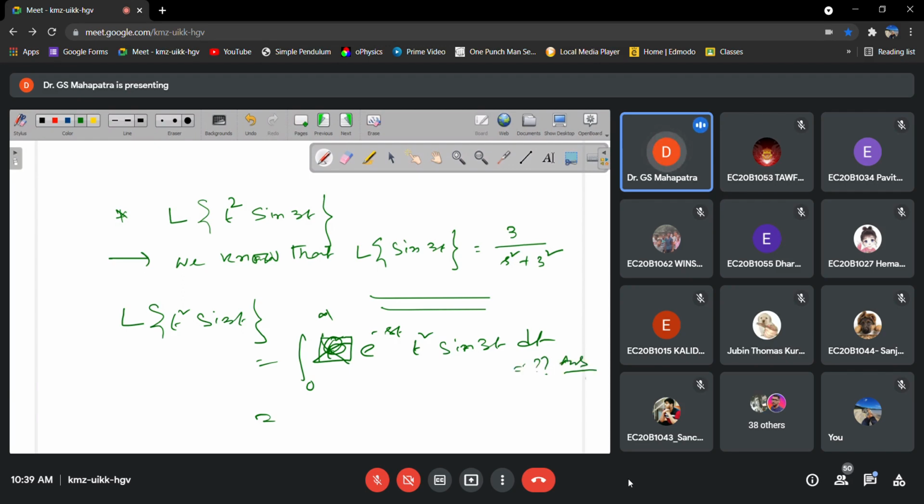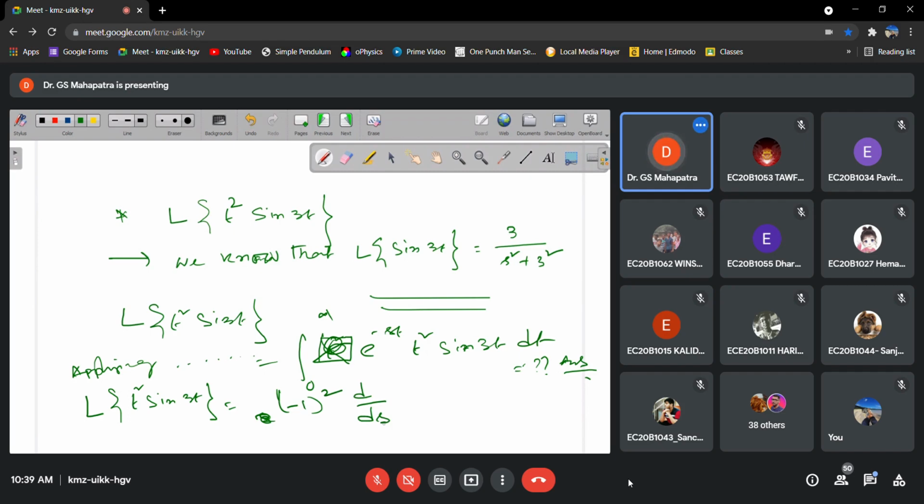Correct. If you don't want to do this one, then Laplace transform of t square sin 3t equals, okay, applying that. I'm not writing now. So what is the answer? Minus 1 power what? Whole square. d by ds.